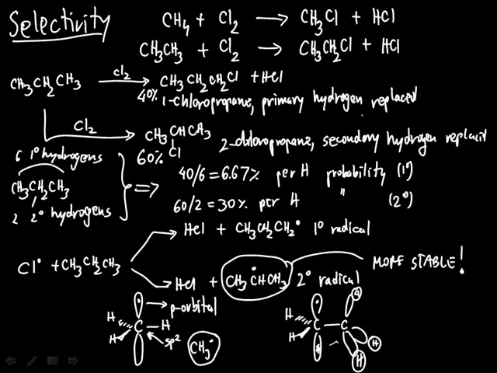And this sp3 hybridized carbon in ethyl radical is able to share some electron density with its unpaired orbital of the radical. And this sharing of electron density stabilizes the ethyl radical versus the methyl radical, and it's called hyperconjugation.